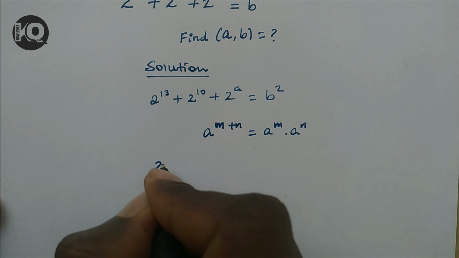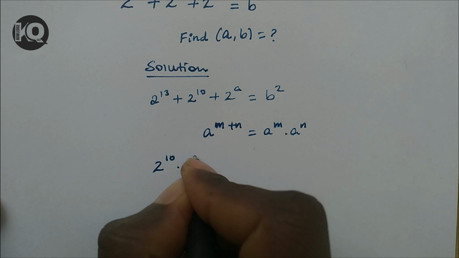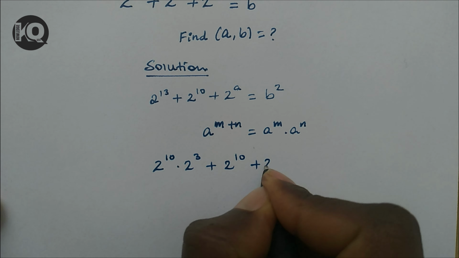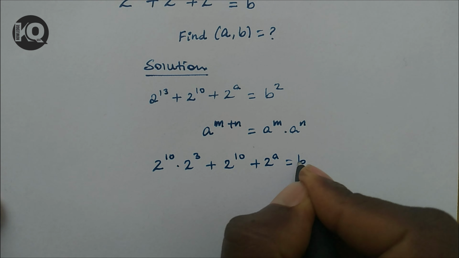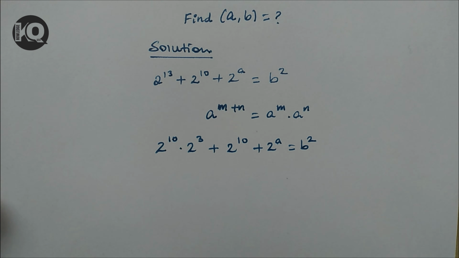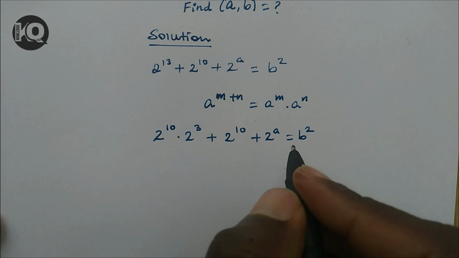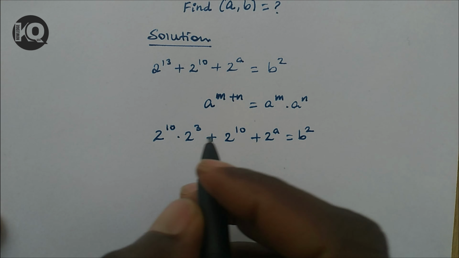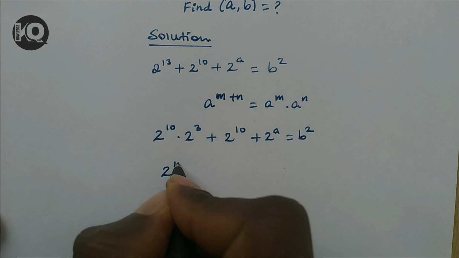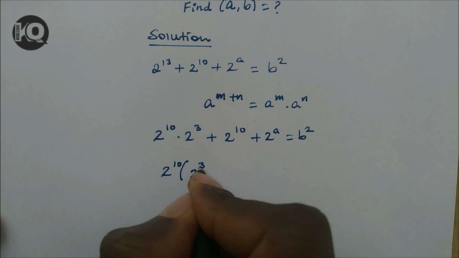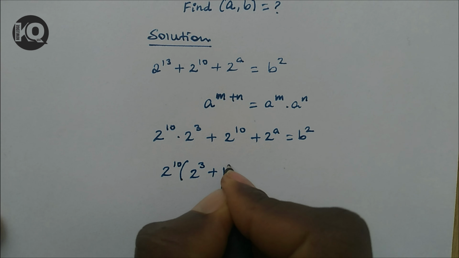So this will be 2 to the power of 10 times 2 to the power of 3 plus 2 to the power of 10 plus 2 to the power of a, which is equal to b square. So now we can take a common term for this one. So 2 to the power of 10 into 2 to the power of 3 plus 1.